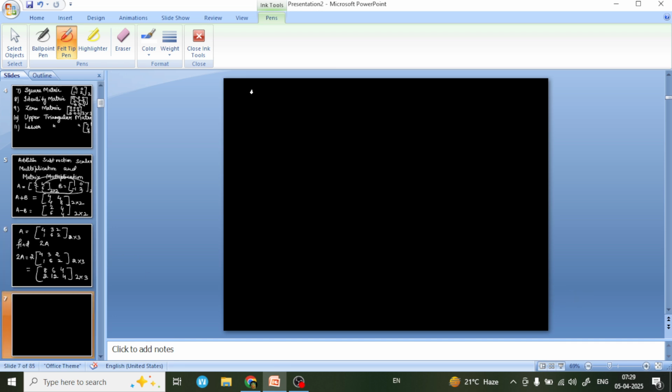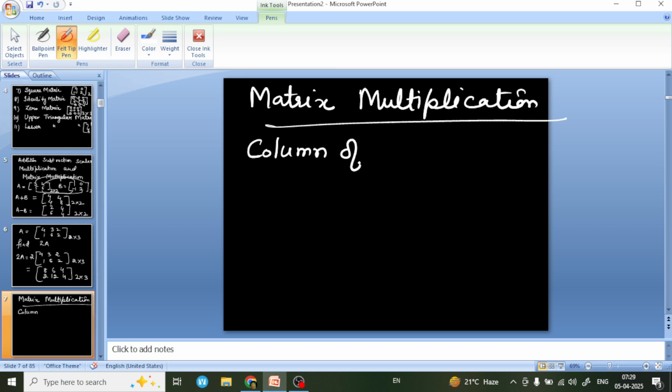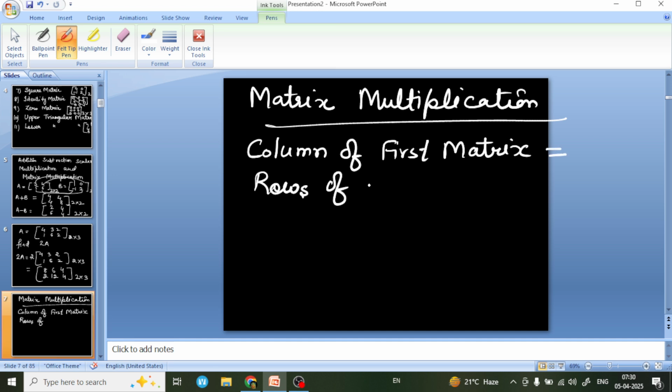And in the case of matrix multiplication, you have to keep in mind that the columns of the first matrix should be equal to the rows of the second matrix.